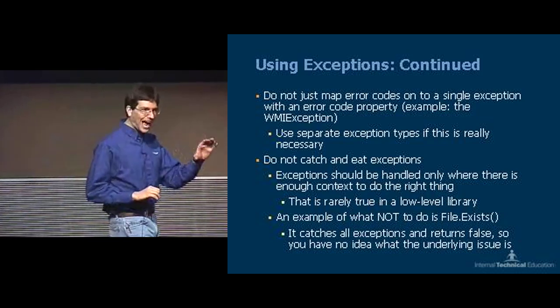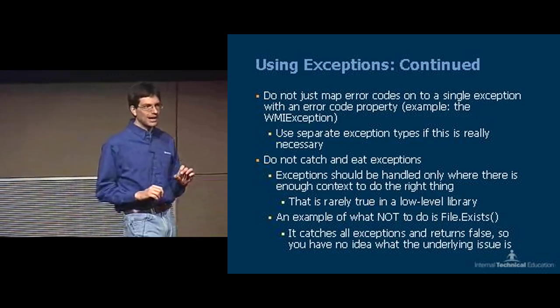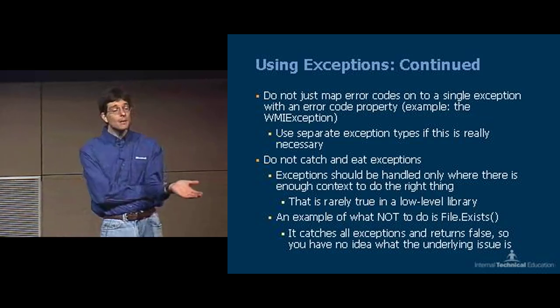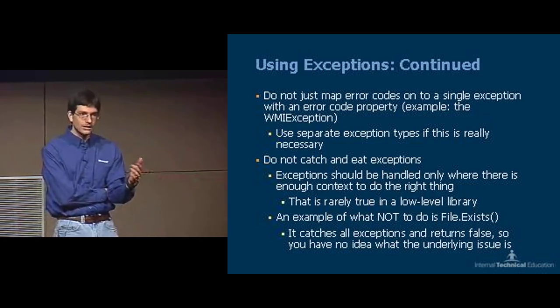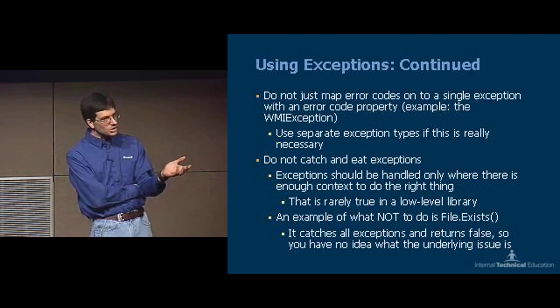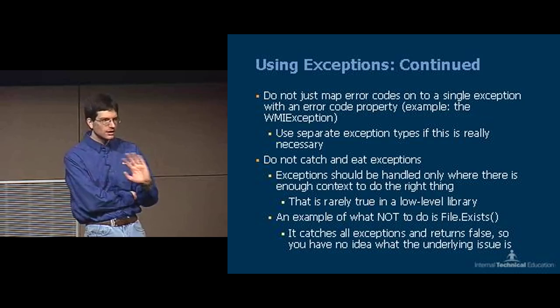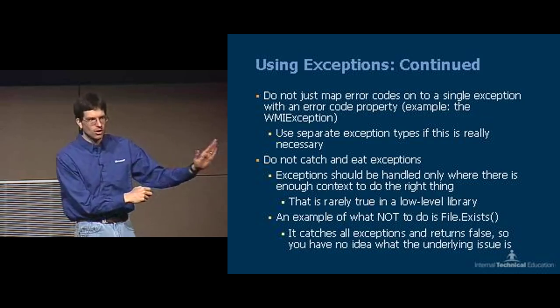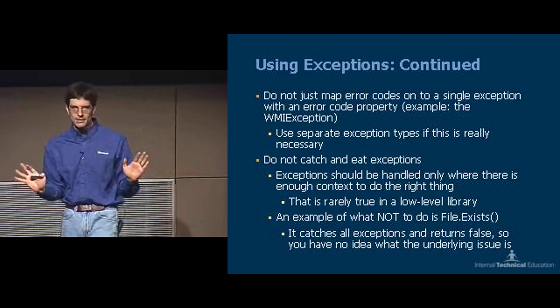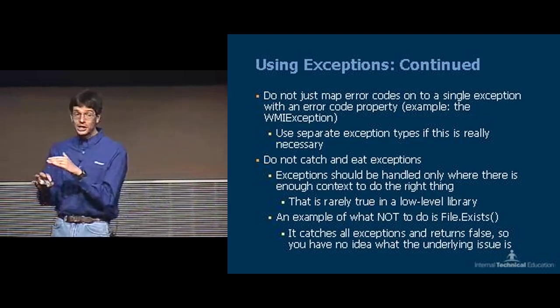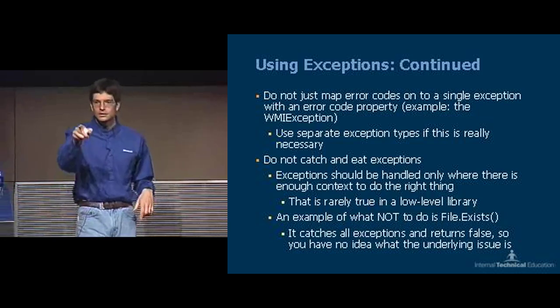That's because we catch and eat the exception in File.Exists. Now there may be some exceptions that we could handle, like possibly some security exceptions. And we might say, look, for you, the file doesn't exist because you don't have permissions to even ask the question. So I'm just going to tell you false. Okay, maybe there's an argument to be made there, but certainly not for all exceptions.